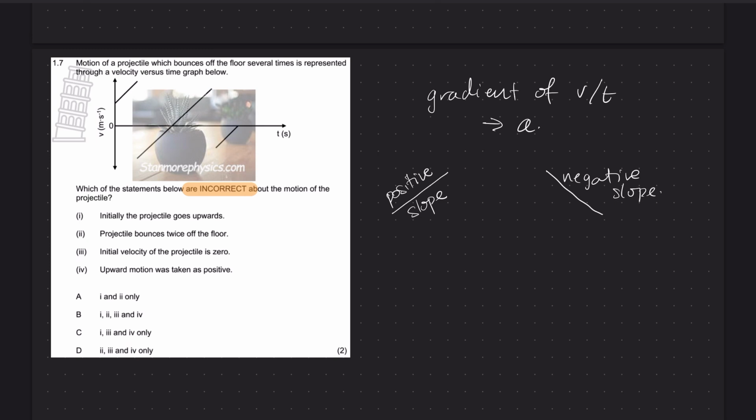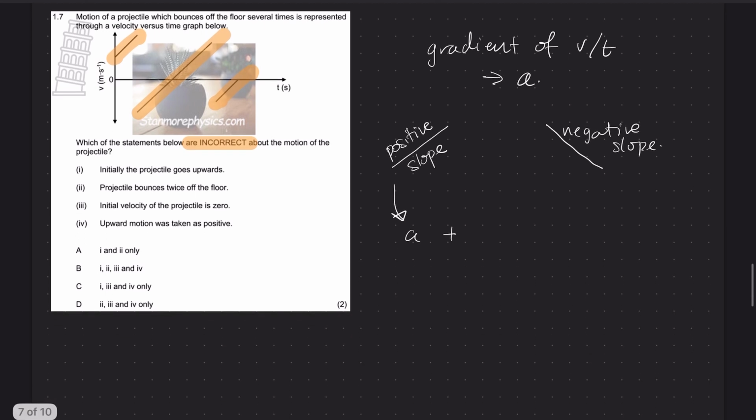Since the slope is positive, it means that the acceleration was positive. And if the acceleration is positive, it means that down was taken as positive, since for vertical projectile motion, acceleration is 9.8 down. So downward is taken as positive for this whole question. So we can eliminate 4, that's out.